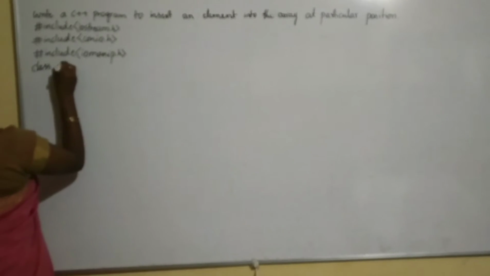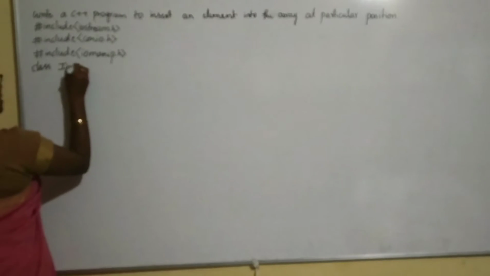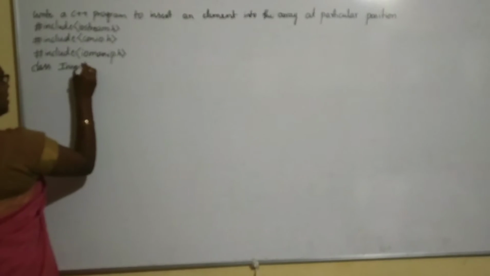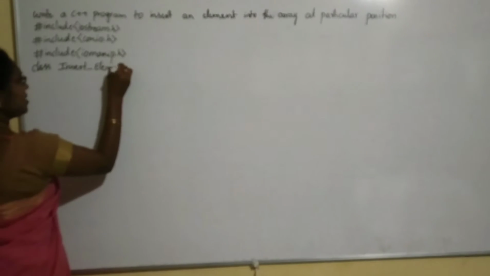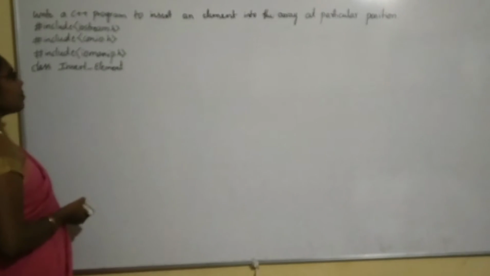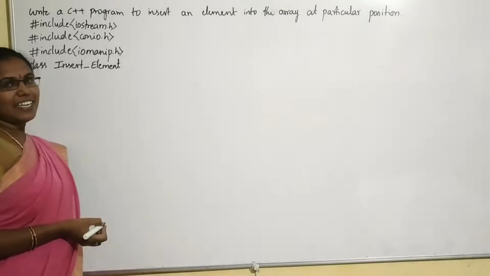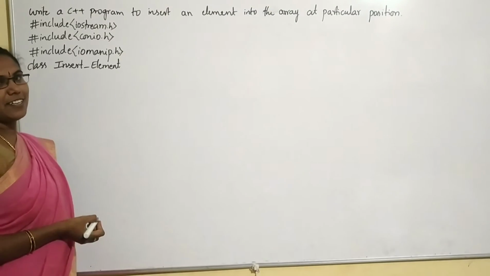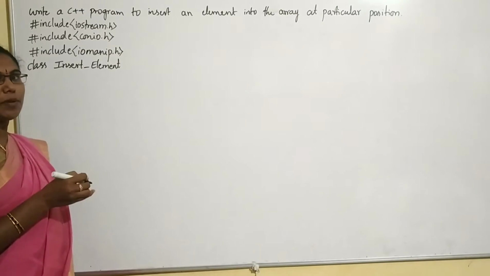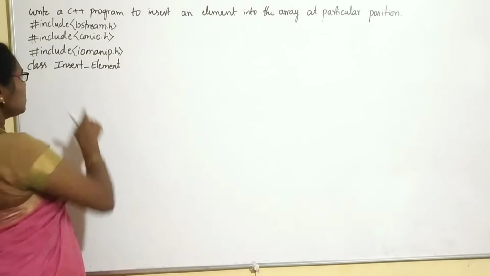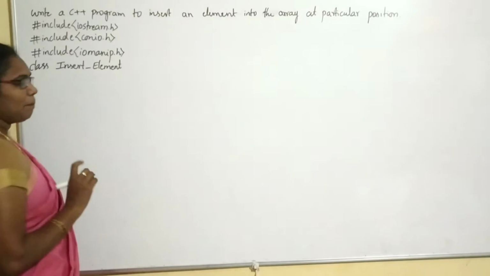Class. I will give the name insert element. Don't name it just insert. In the C++ language, insert and delete are keywords, so we do not use keywords as identifier names, class names, variable names, or data member names. So insert element is the class name.